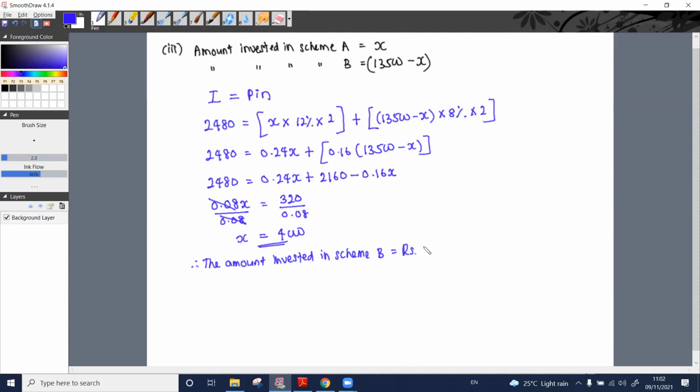That is how many rupees? 9,500. This should be the final answer. And if you got the final answer as 9,500, then give 5 marks. The amount invested in scheme B is 9,500.